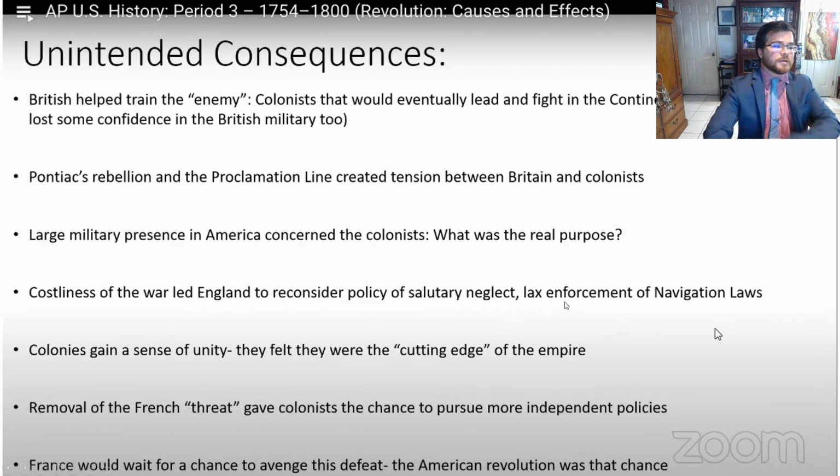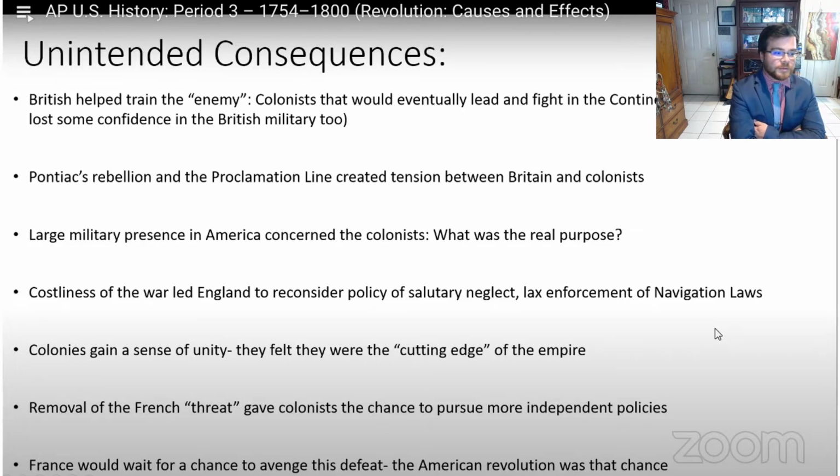All right, so unintended consequences, guys. Okay, that is an awesome phrase that I like to use. British helped train the enemy. So the colonists leveled up, guys, getting nonstop experience in those previous wars, all the wars we went over, right? And so they're going to get better training.